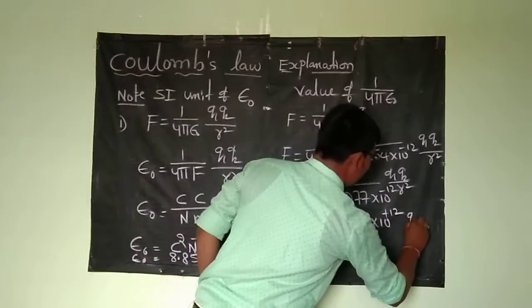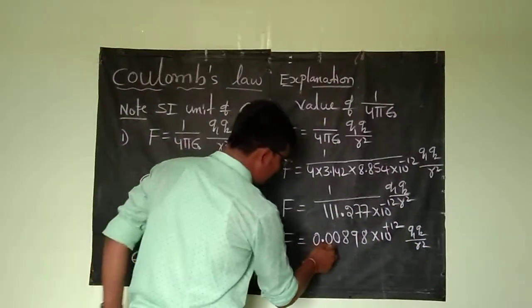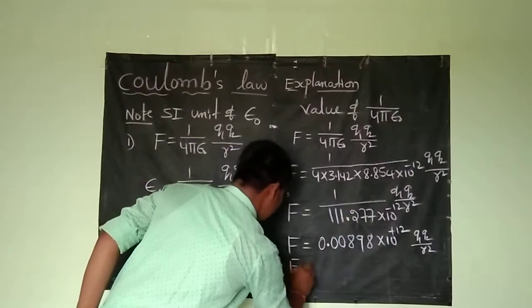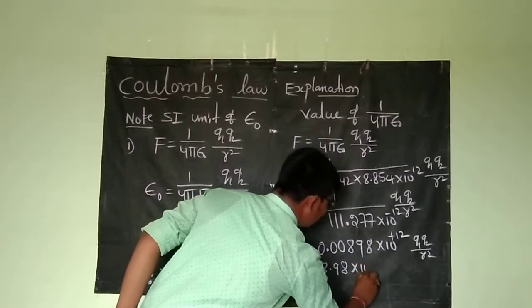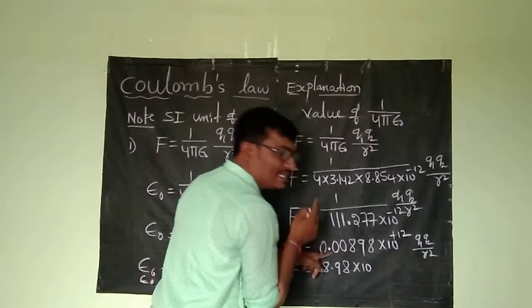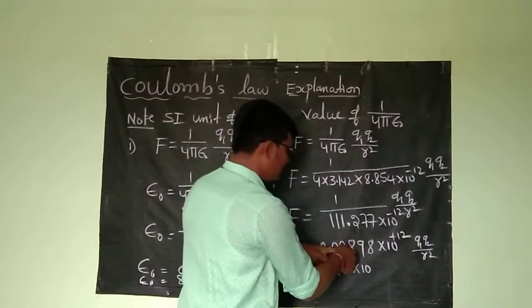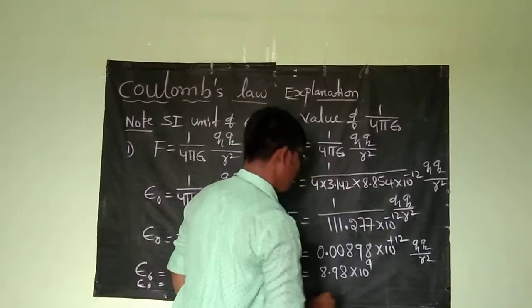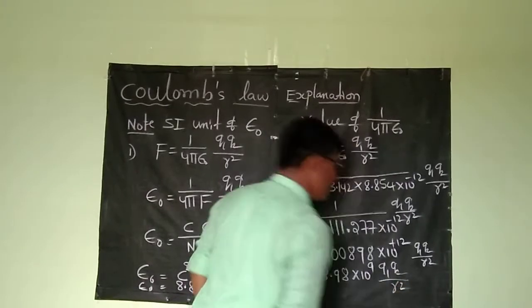Okay, here again we have q1 q2 divided by r square, right? So here shift the digit 1 2 3, F is equal to 8.98 into 10 to the power, shifting 3 digits, 10 to the power minus 2 becomes plus 2, it becomes 10 to the power 9 q1 q2 divided by r square.